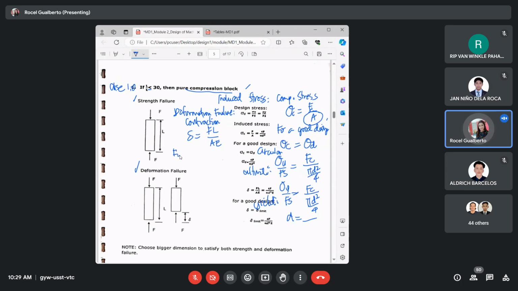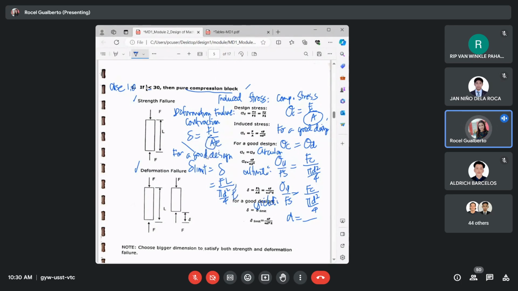And just the same for a good design. Ano naman po yung i-equate natin kapag deformation failure po ay consider natin? It is the allowable limit of deformation equal to the contraction. Okay? So this would be equal to FL. Ang area po, if it's circular, that becomes pi d squared over 4 and then E. So lagi lang po yung A po yung pinapalitan natin.